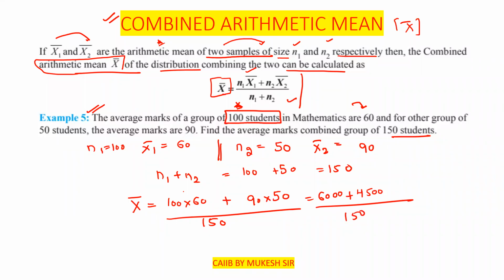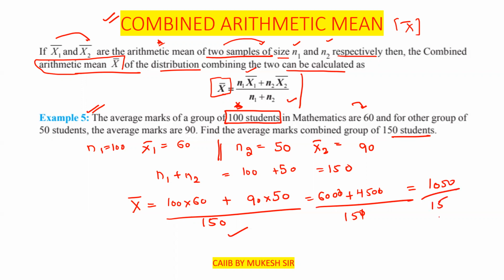We are directly putting the values in the formula: n1 x1 bar plus n2 x2 bar upon n1 plus n2, that is 100 into 60 plus 90 into 50 upon 150, which is 6000 plus 4500 upon 150. Cancelling a zero, we get 600 plus 450, so 1050 upon 15.